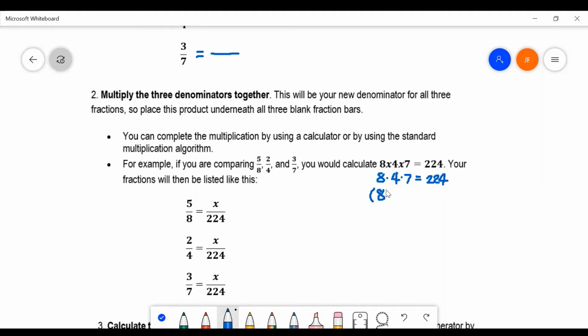Suppose 8 times 4 times 7 is equal to 224. Instead of using the x as a multiplication symbol, we can opt to use the dot or the parentheses or grouping symbol.